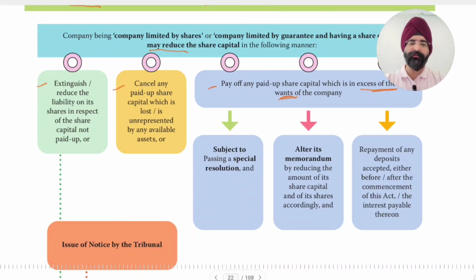This paying off requires that a special resolution is passed before the excess paid up capital is paid back. Number two, alter its memorandum by reducing the amount of its share capital and of its shares accordingly. It will reduce the amount of share capital and the number of shares accordingly. Alter the memorandum. Repayment of any deposits accepted.